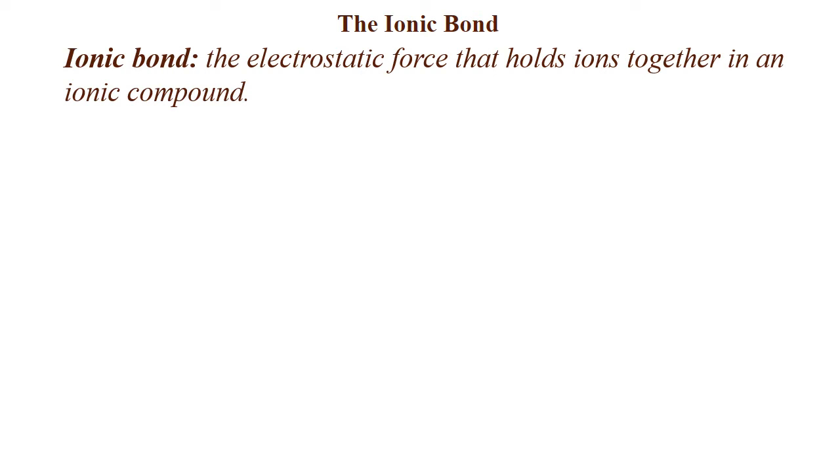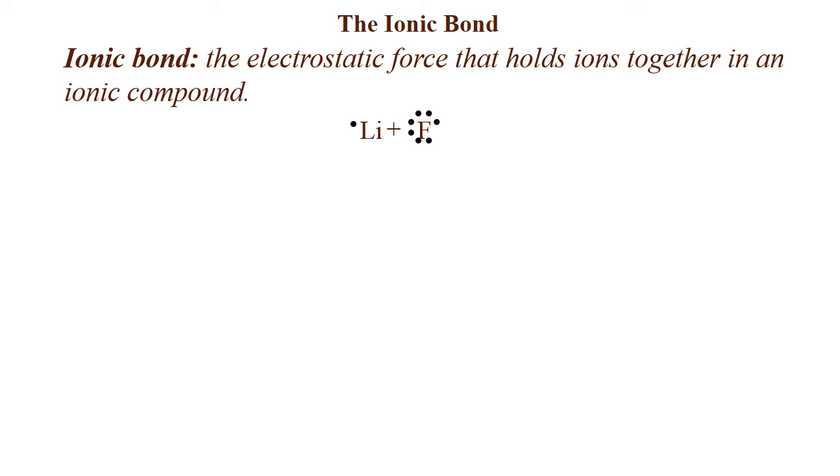Well, in general, you can say that any interaction between positively charged atoms and negatively charged atoms represents some sort of ionic bond. It's purely electrostatic again. Plus attracts minus.